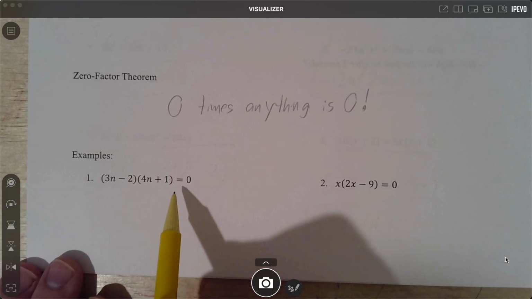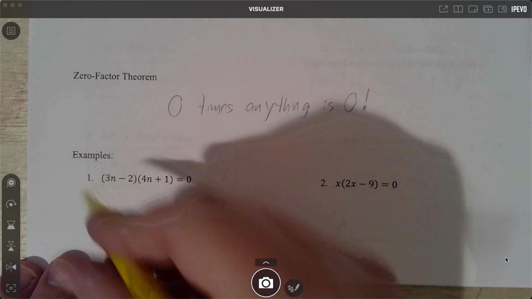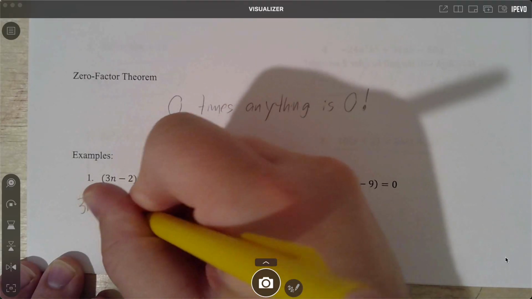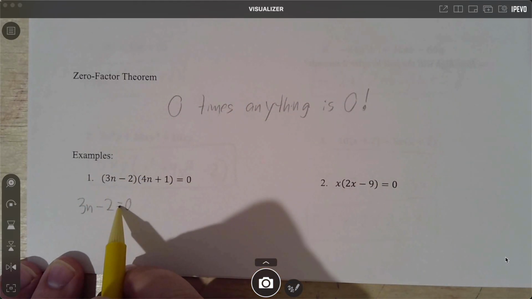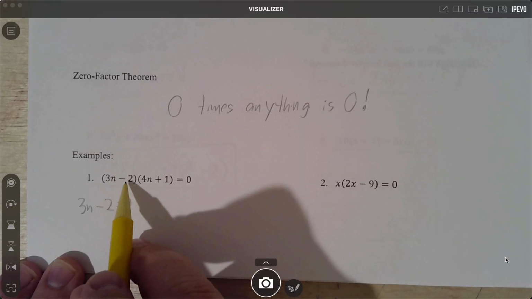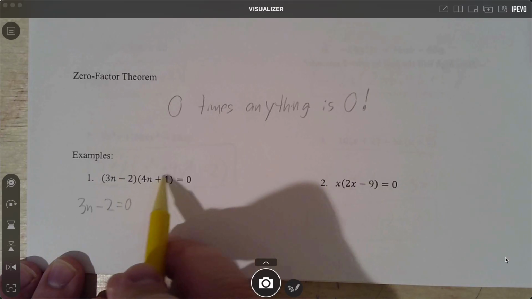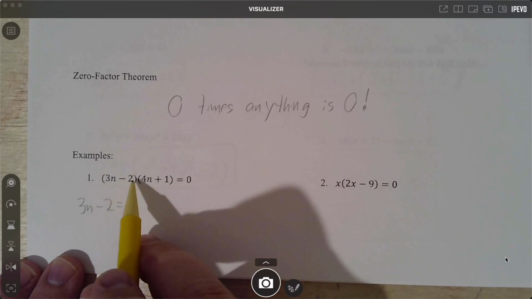And so the thing is, you don't have to think about both of these at the same time. You can think about them individually, and you can say to yourself, if this first parentheses was to equal 0, then 0 times whatever this is, no matter what I plug in, would be 0 entirely.